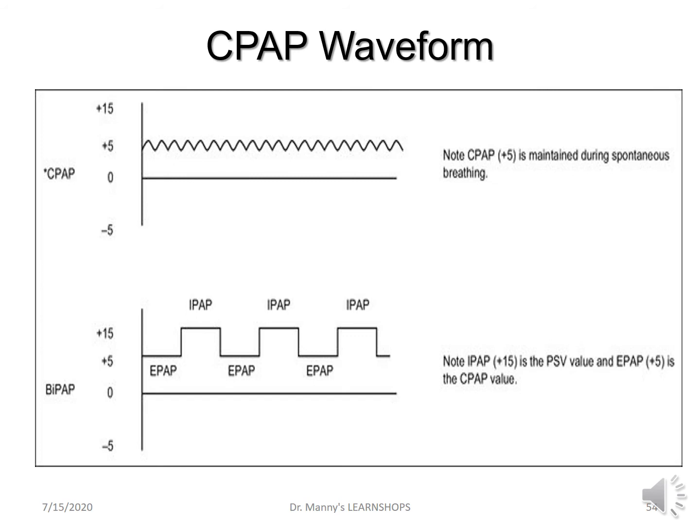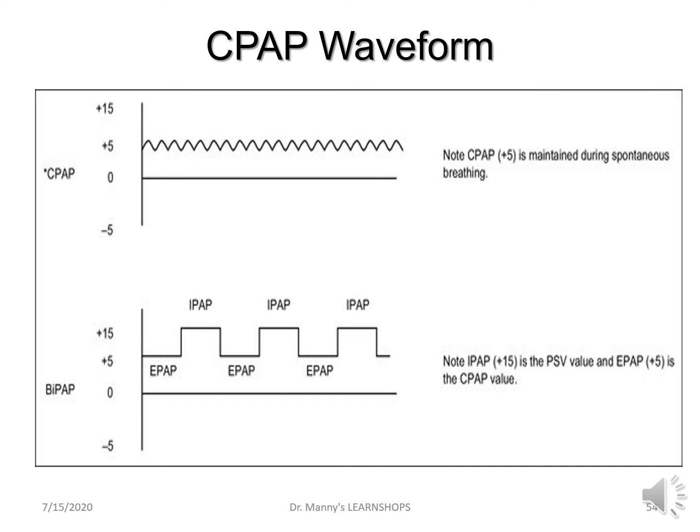There's the CPAP waveform, which we've already looked at previously, and there's the BiPAP waveform. CPAP waveform is a continuous one-pressure waveform. The BiPAP waveform is a bi-level waveform. One is IPAP, inspiratory positive airway pressure, which increases or helps inspiration primarily, and EPAP is an expiratory positive airway pressure, which typically assists expiration.